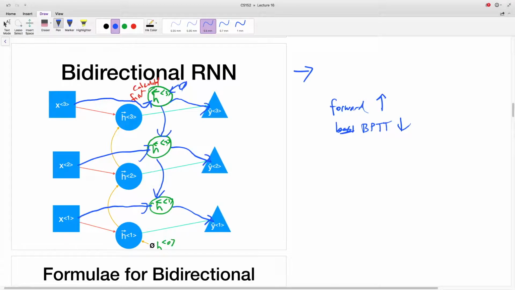And when we do backward propagation, we go back the other way. And for the reverse computation, our forward pass is going down, and then our backward pass, which is still propagation through time, just in the other direction of time, is forward in time. So actually, this isn't backward propagation through time, this is forward propagation through time. Does that make sense? Okay, yeah.